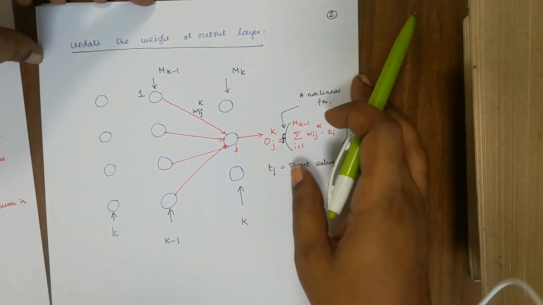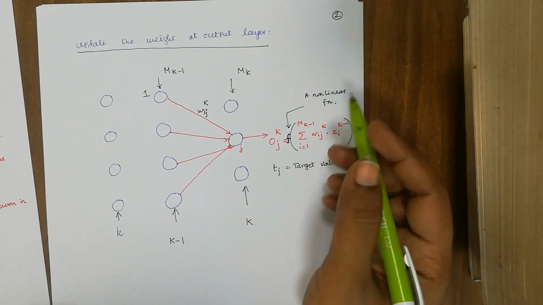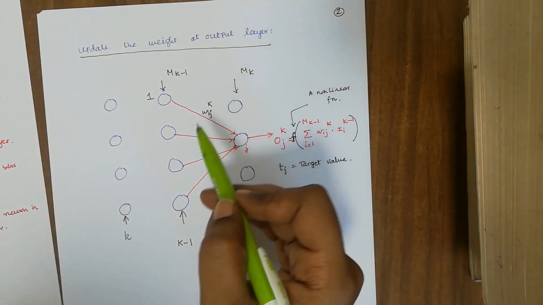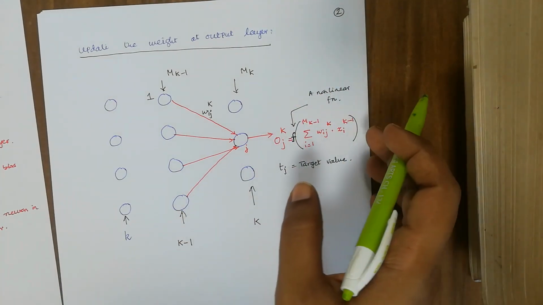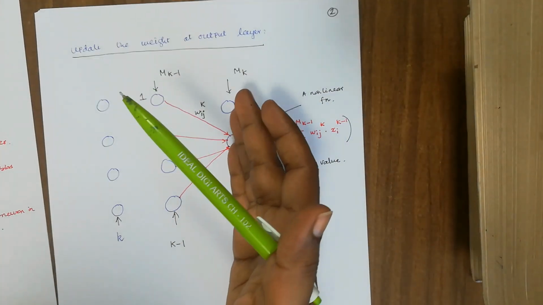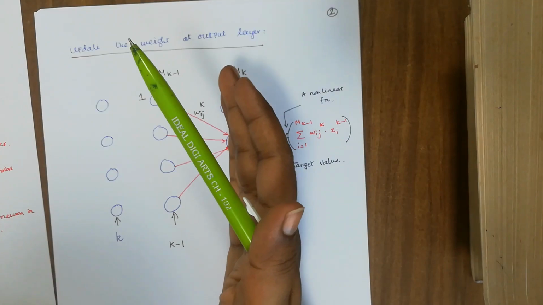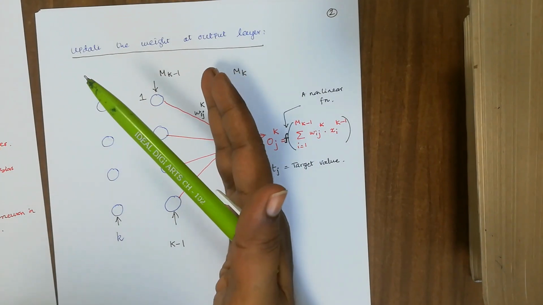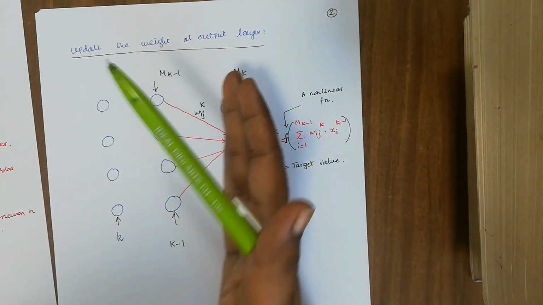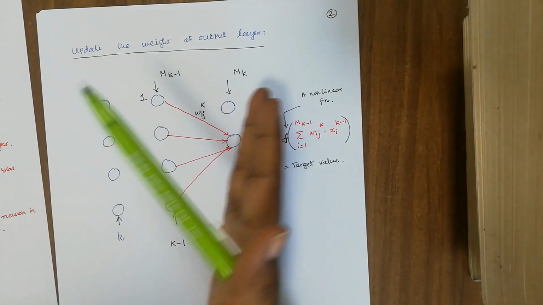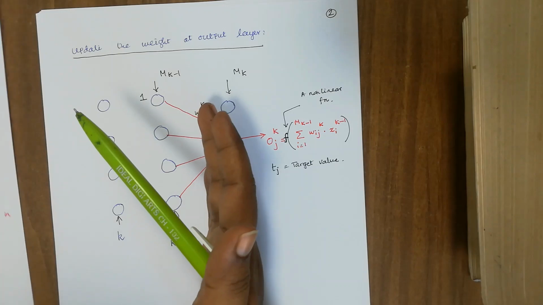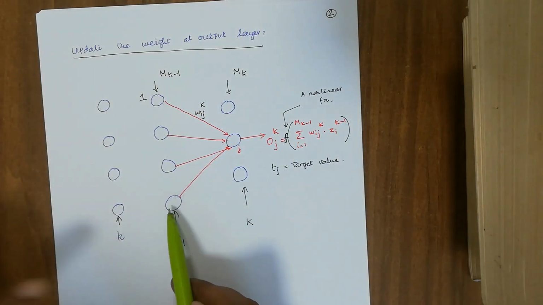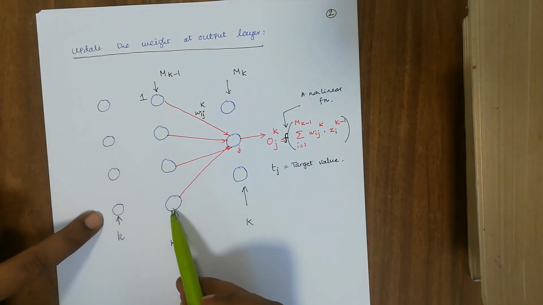As before, if you can recall how to update the weight for a single layer with multiple outputs, the procedure remains the same here as well. So now we have to consider the weight updation between the Kth layer, which is the output layer, and the previous layer, which is K minus 1. Let us discuss this derivative, and then we can go for K minus 1 to K minus 2.